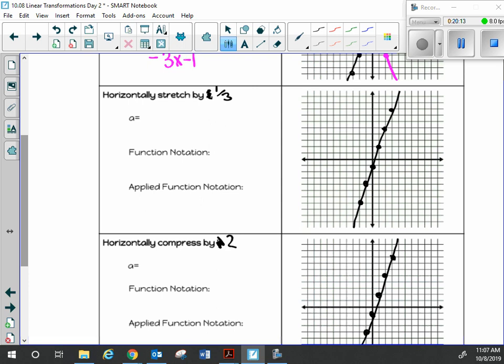So if I'm horizontally stretching, imagine pulling your line this direction. As you start to pull the line, what happens? It flattens. So your function notation rule, given 1/3, is f of 1/3 x.